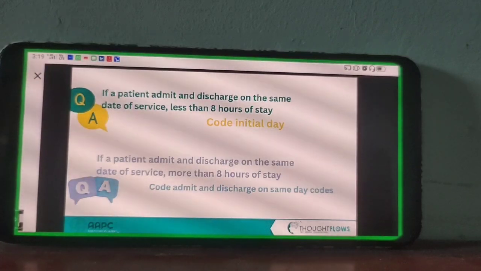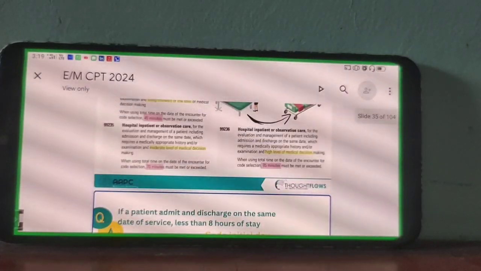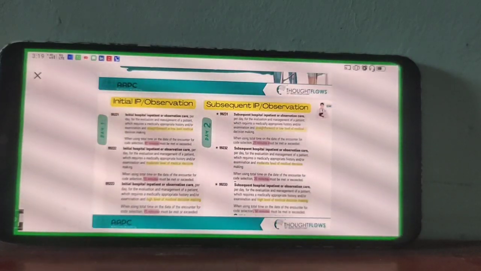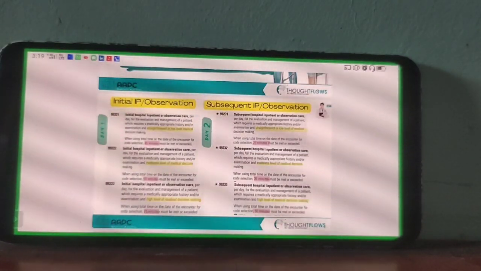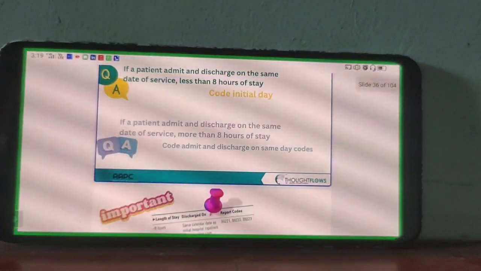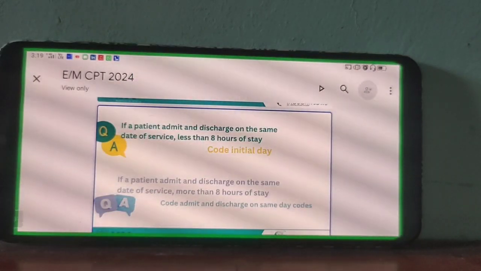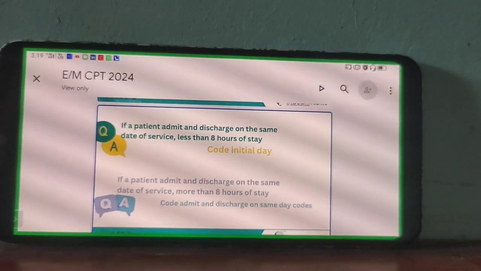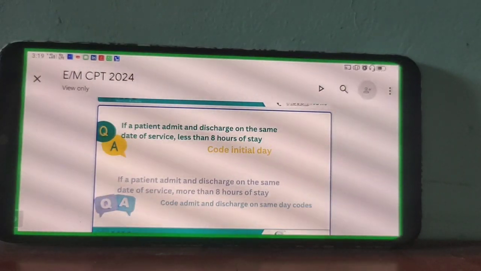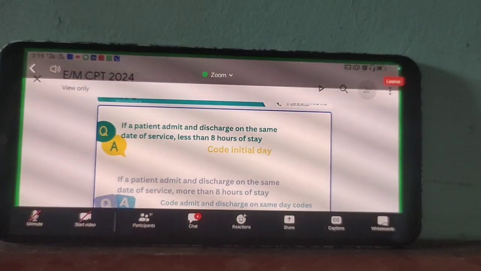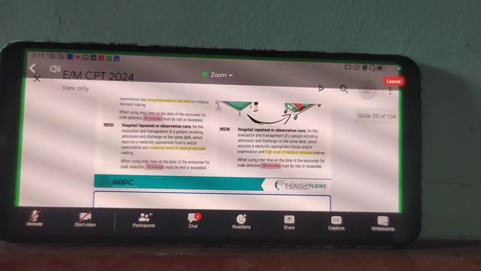Take note of the code ranges also: 99221 to 99223.